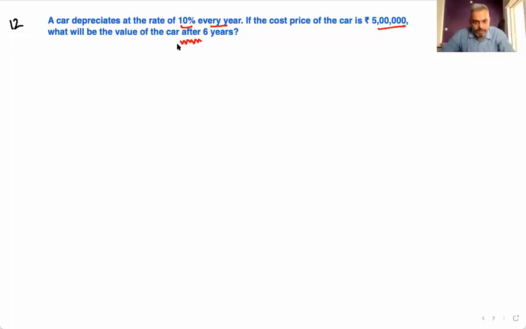After 6 years. So very important, ध्यान दो. So cost price of the car A is equal to 5 lakh.